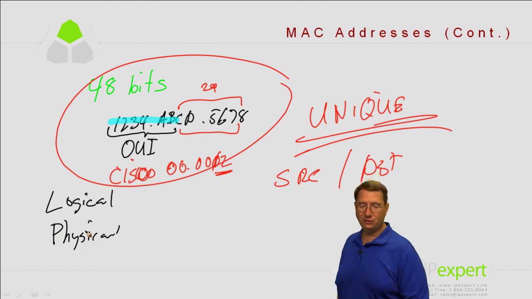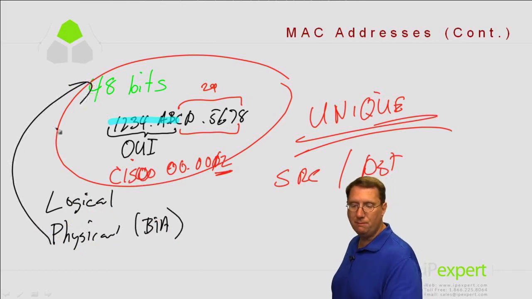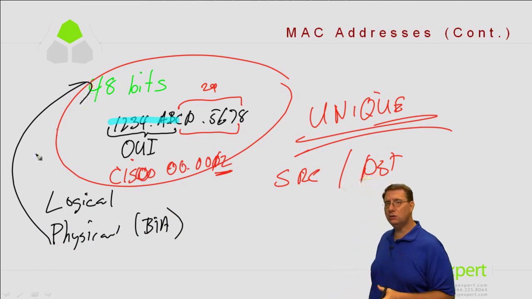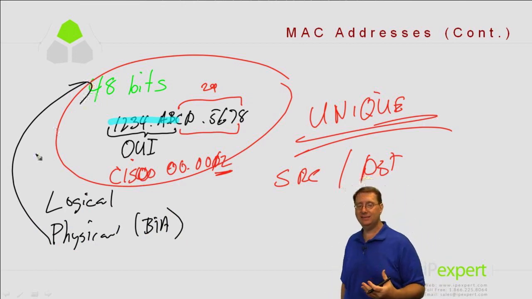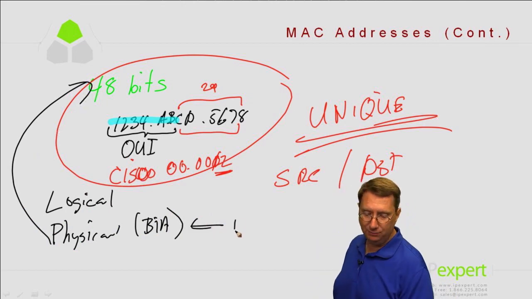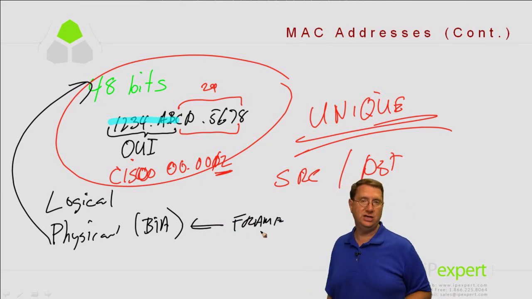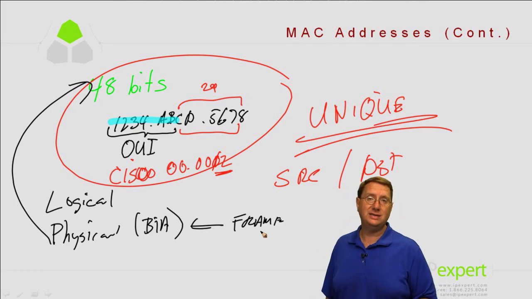Bear in mind, physical addresses are sometimes referred to as BIAs, burned-in addresses, and those are our MAC addresses. Now, when we start looking at how this is all interconnected, it makes sense, but remember, we use this for the actual sending of frames across our wire, which means we have to know the source and destination MAC addresses. But we don't always know the destination MAC address.